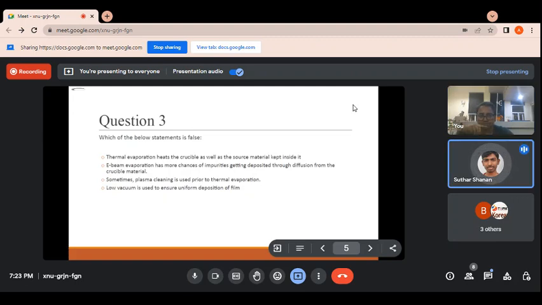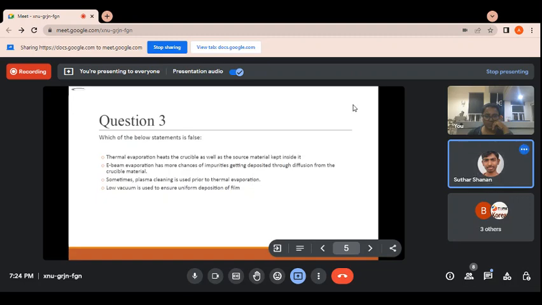Okay, so you are saying low vacuum means high pressure. It means 10 to the power minus 6 range or 10 to the power minus 8. So basically, in the third option, plasma cleaning is applied for the substrate, right?